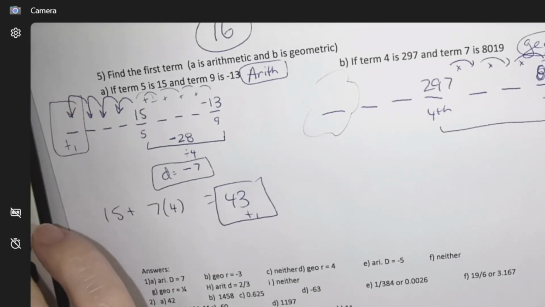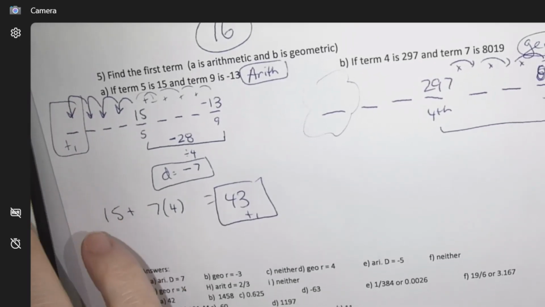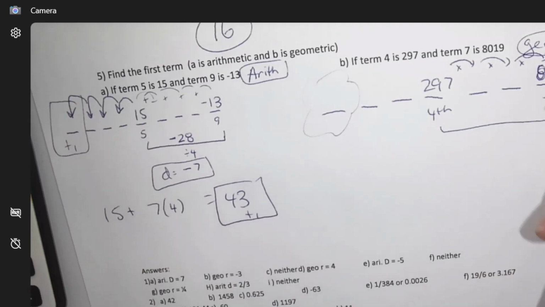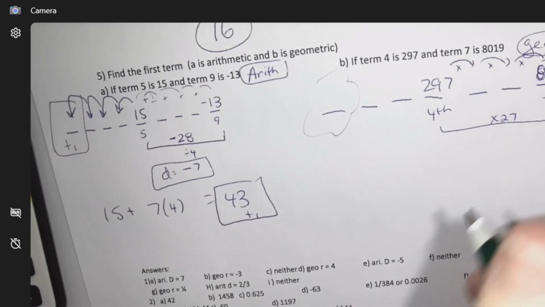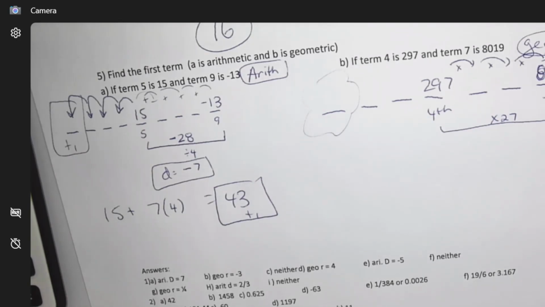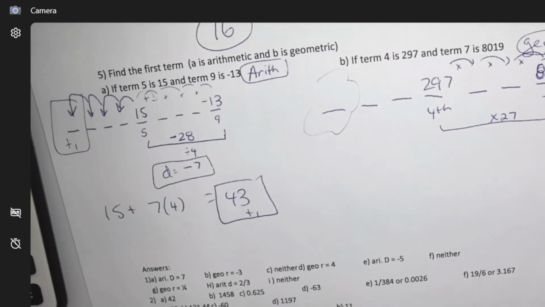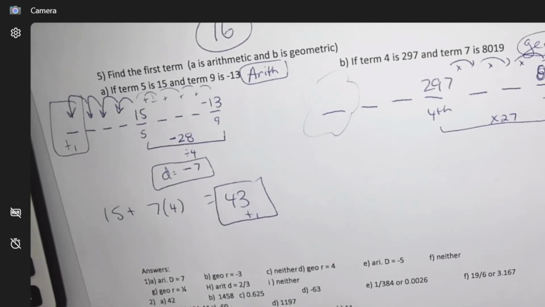So 8,019 divided by, so I times by 27. What kind of math is it going to be when I times by something, times by something, times by something?